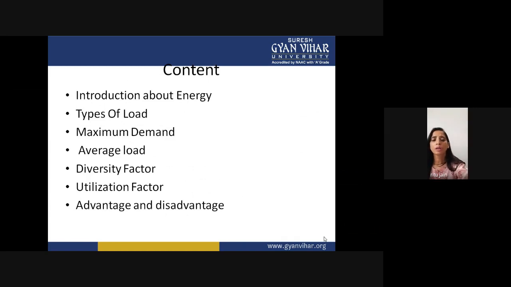A load curve is always drawn between time on the x-axis, 24-hour time, and the demand or the load required on the y-axis.